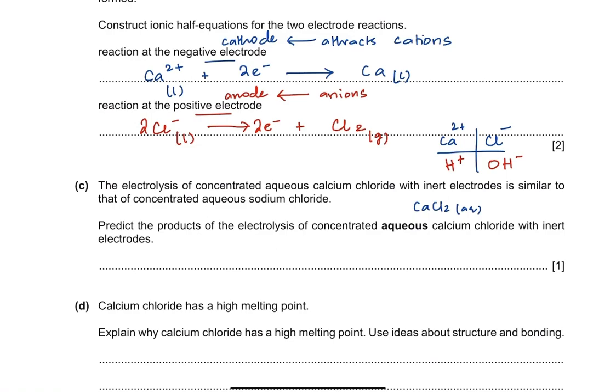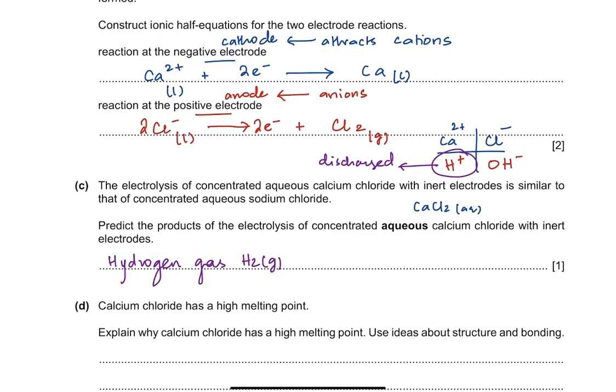Out of calcium and hydrogen ions, hydrogen will be discharged because hydrogen ions are lower in the electrochemical series. When hydrogen ions are discharged, the first product that we receive is hydrogen gas, H2.